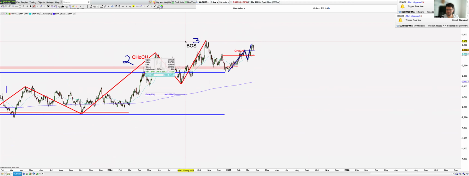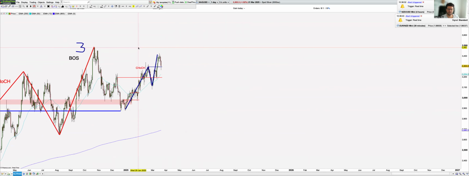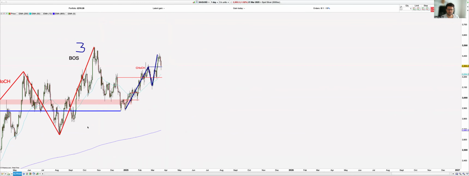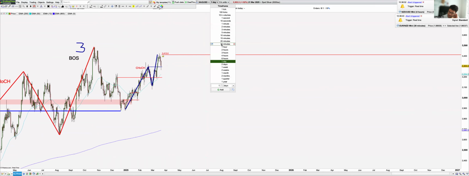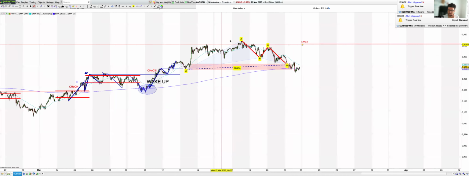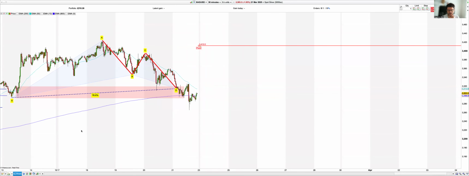If I look on the daily, it's amazing, amazing setup. This is one of the setups for the week, but it's going to be a late entry unless I can spot something on the retracement. So I'm going to be on this like an absolute hawk this week. This is an incredible opportunity.